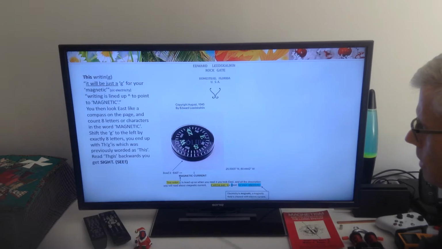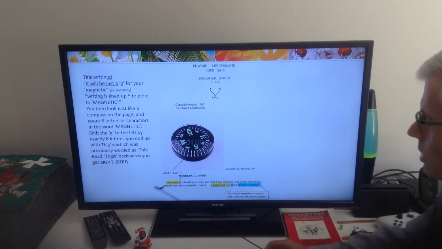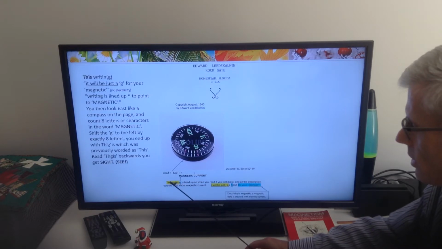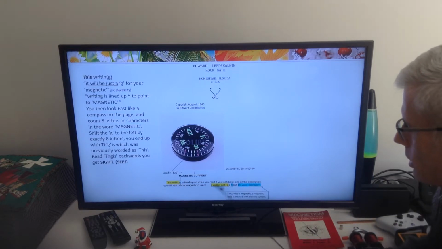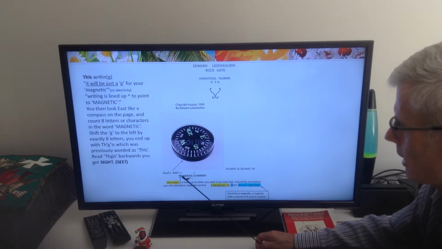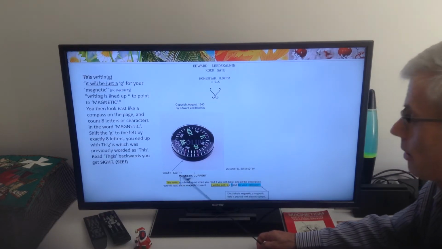But the key part of the sentence is the opening word here, "this", and the writing, the G, because it's lined up, points to magnetic current.